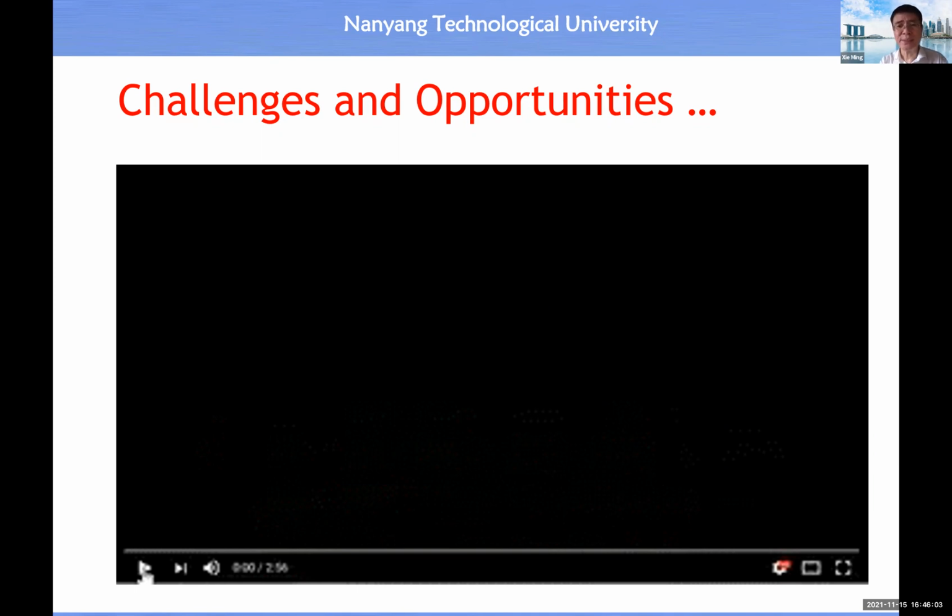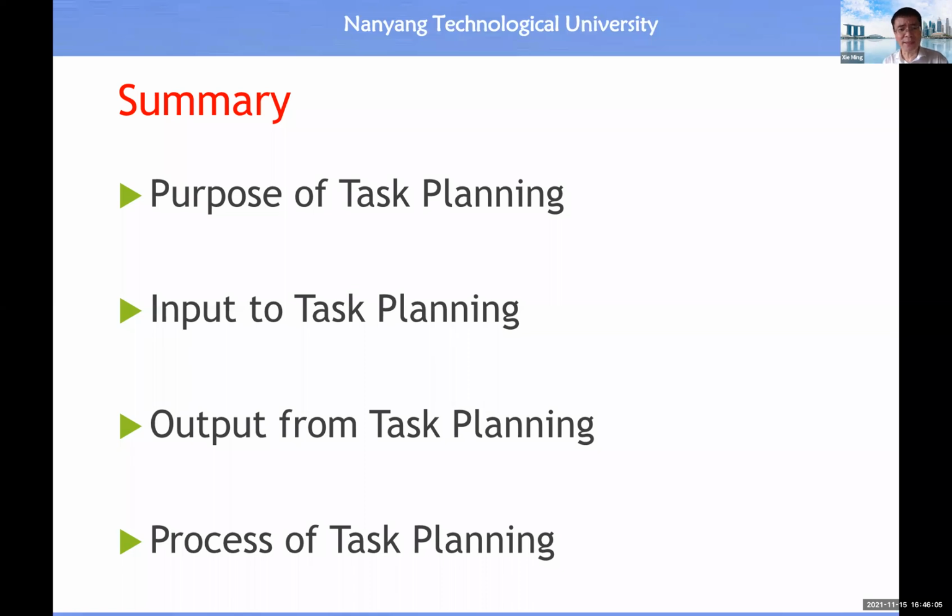All right, so let's talk about the first lecture on task planning. The key takeaway from this lecture is for you to understand that there are many jobs in manufacturing, in agriculture, in the society, and a job could be decomposed into a sequence of tasks which could be performed by robot or by human being.